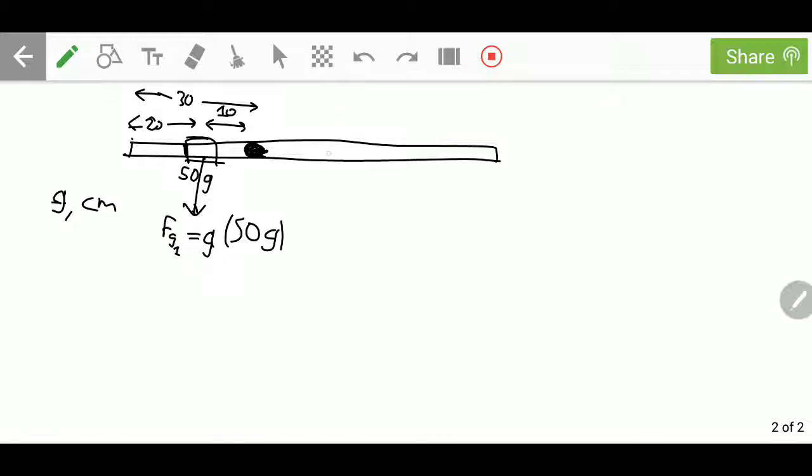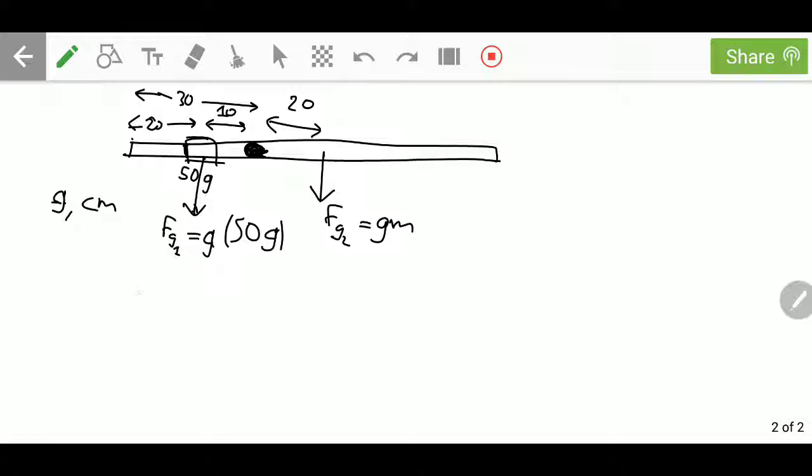And then the gravitational force on the rod will act everywhere, but we can just treat it as a single gravitational force acting at the center of mass. That is going to be 50 centimeters from either end, so 20 centimeters from the pivot, and that will be Fg2, which will be g times the mass of the entire rod, which I'll call M.